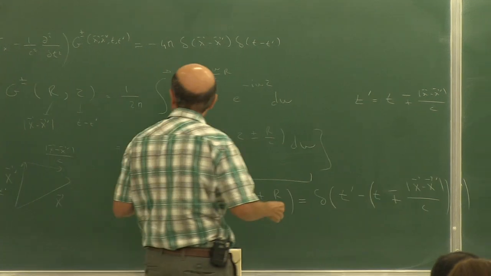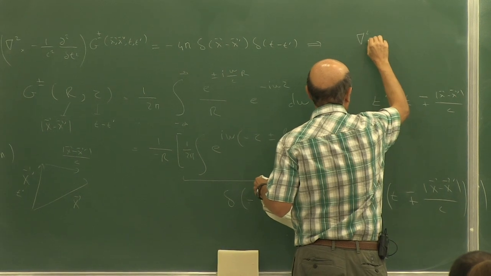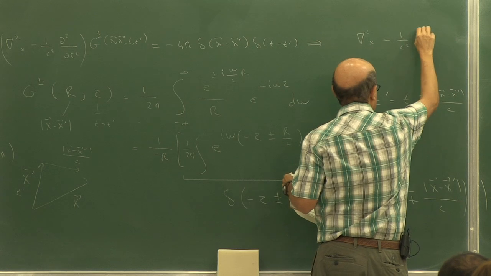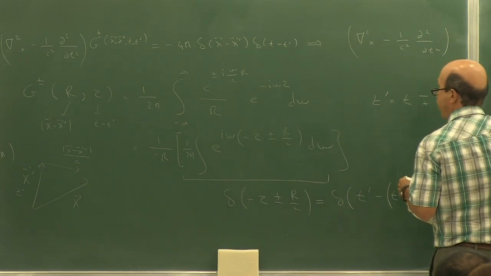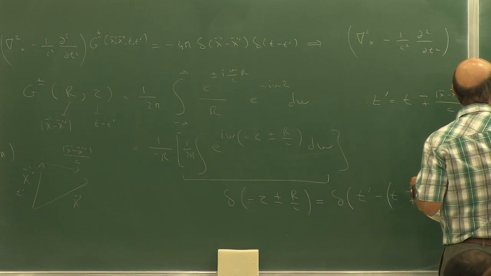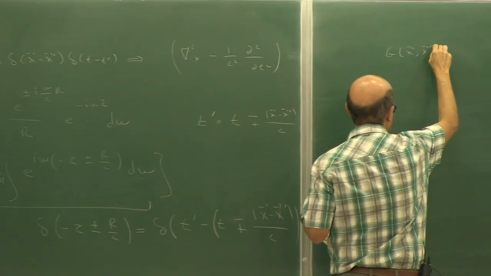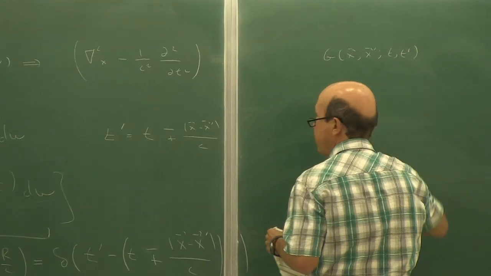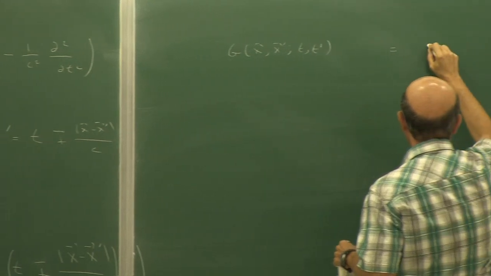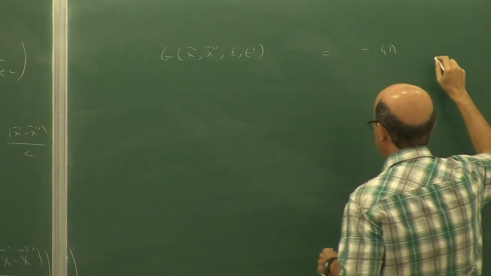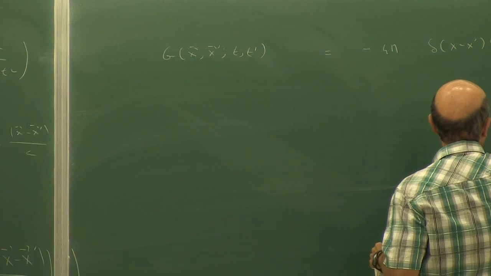So basically, take this equation, 1 over c square del square over del t square, and x prime t prime, and that is equal to minus 4 pi delta x prime delta t prime.